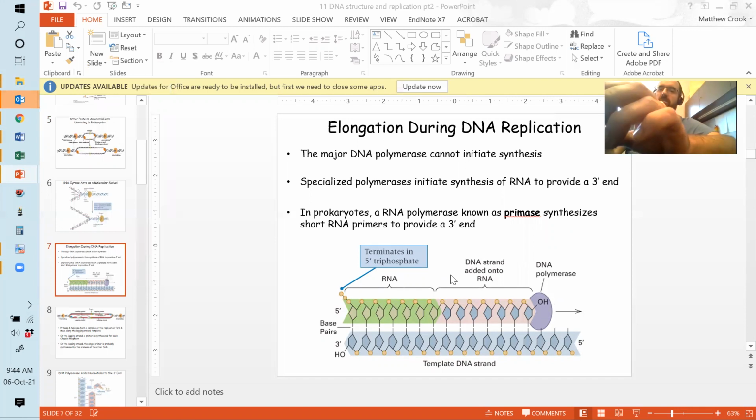So the solution to that problem is the synthesis of a short RNA sequence complementary to the template parental strand.